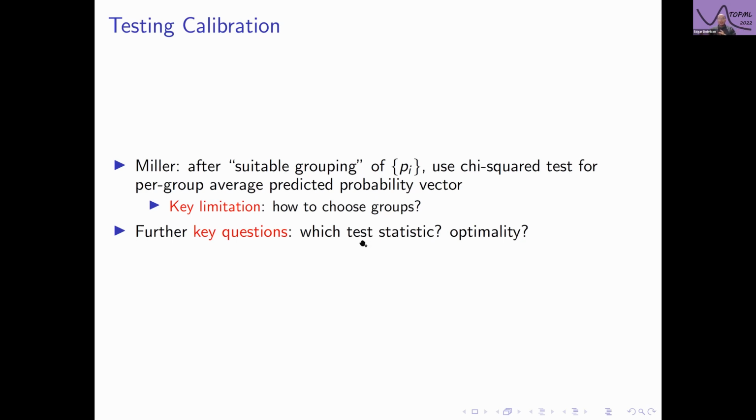And in addition, when you start thinking about the problem, there are a few other key questions that one can identify, including, should we use the score test or should we use the chi-square test? Which test statistics should we use? And what type of optimality properties do they have? So under what conditions can we say that this is as good as possible, for instance?